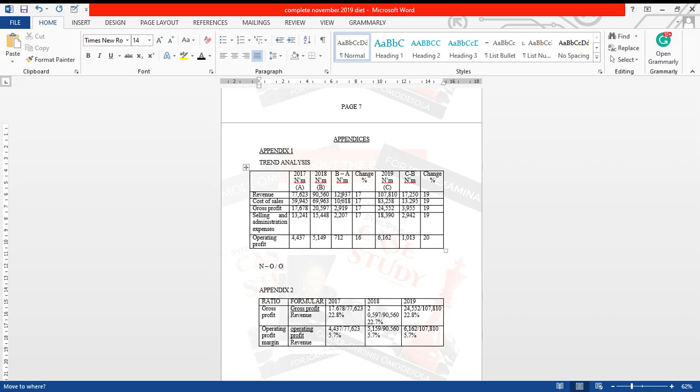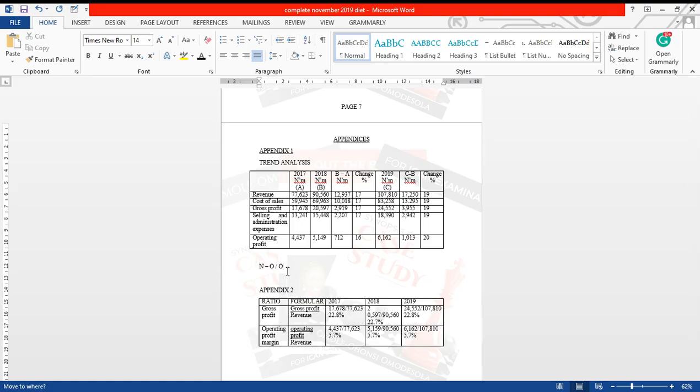But look at it. In 2017, revenue was 77,000. In 2018, revenue was 90,000. So revenue has not been decreasing, revenue has been increasing. So you have to actually do it properly, because if you don't, you will be getting a negative figure. Do you understand?